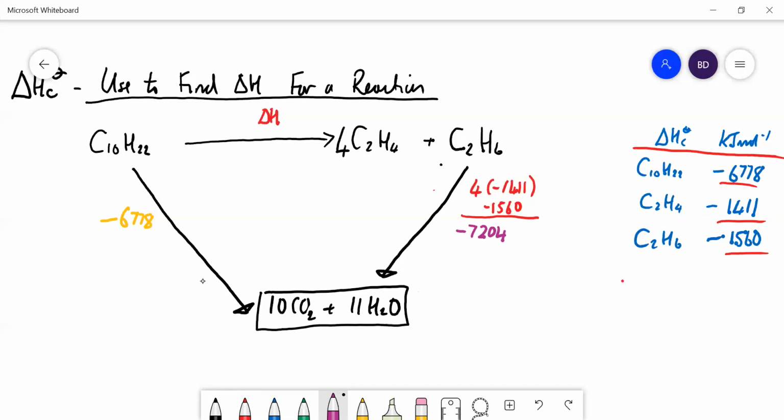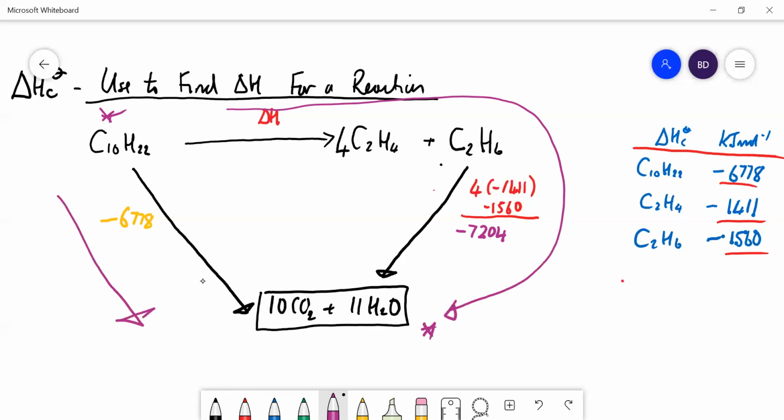Now, Hess's law says, if we start off here and we go round and finish here, that's going to be the same energy change if you just did the quick way. Okay, and so we could do red delta H plus purple delta H is equal to yellow delta H.